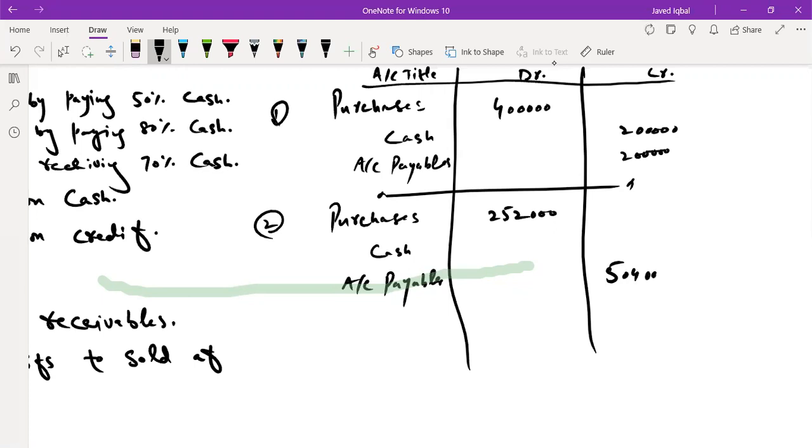So the remaining is your cash, which becomes 201,600.